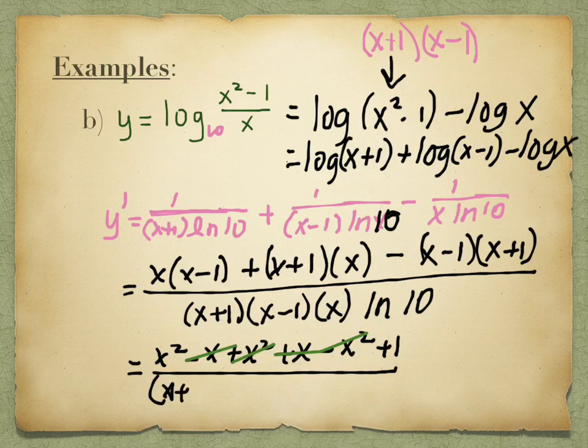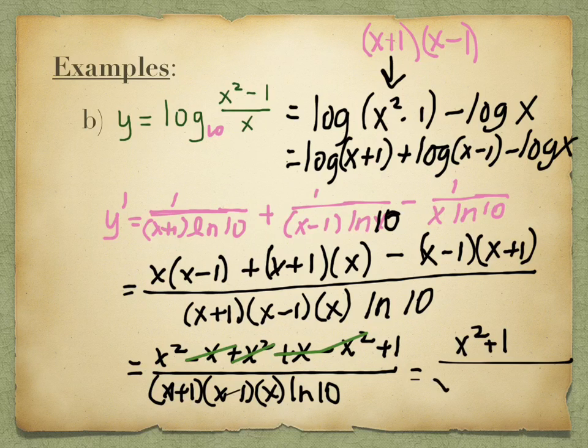It's x plus 1, x minus 1, x, ln 10. So my final solution would be x squared plus 1 over x plus 1, x minus 1, x, ln. Pretend like that 10's right next to the ln. I'm out of space, I'm sorry.